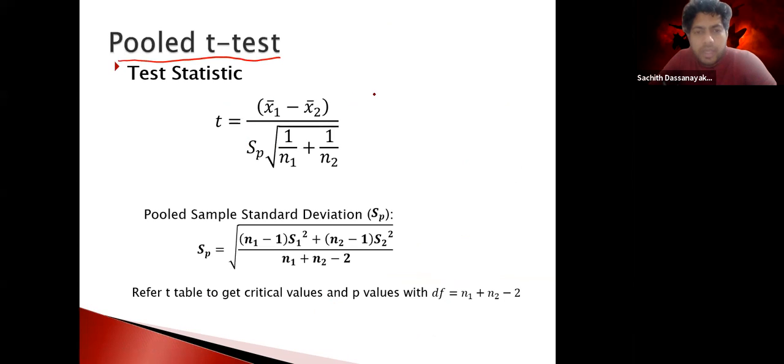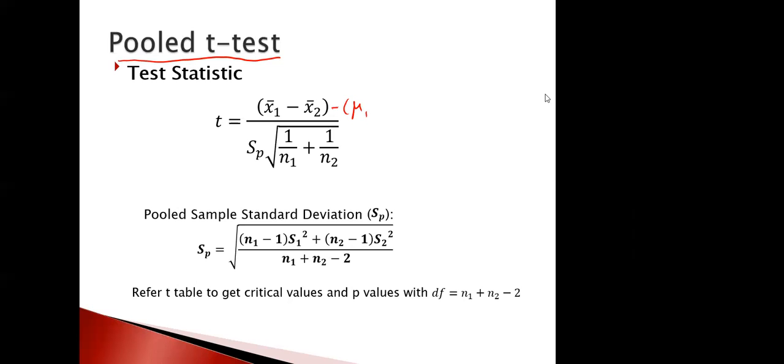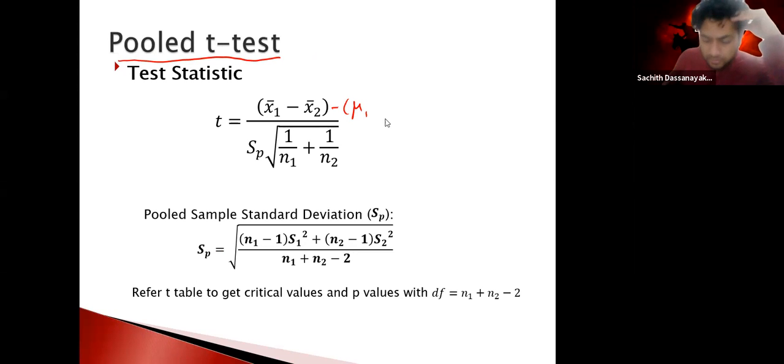Here they have assumed mu1 minus mu2, and they have considered this term equal to 0.